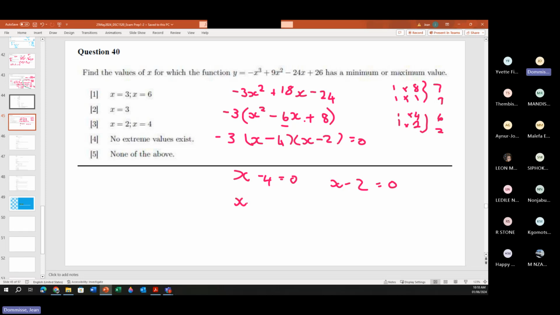So x is equal to 4, or x is equal to 2. So 2 and 4.